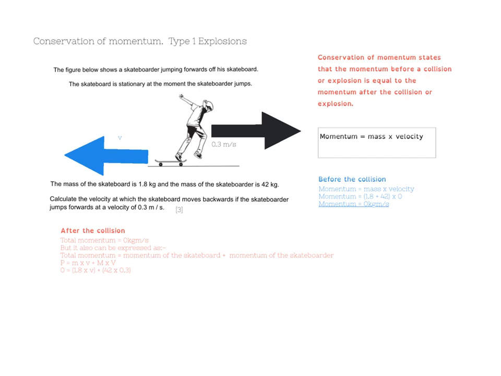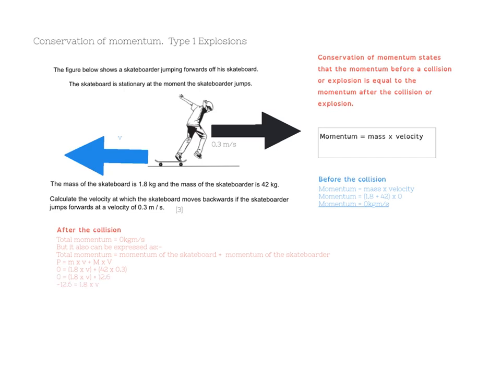Now if I include the numbers, you can see that 0 is equal to the total momentum. We've got a mass of 1.8 for the skateboard, multiplied by the velocity of the skateboard, which at the moment is V, plus the mass of our person, which is 42, multiplied by his velocity, which is 0.3. And now what I need to do is just simplify the equation and find what V is equal to.